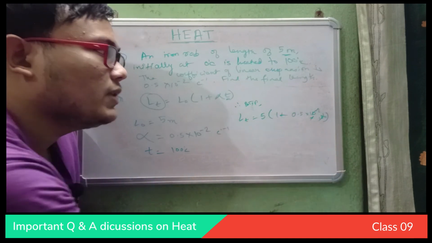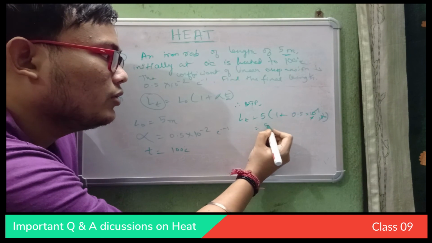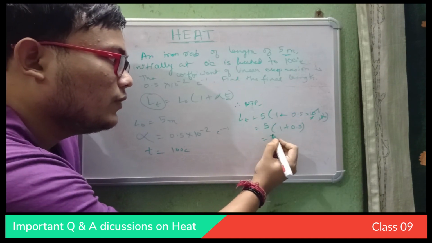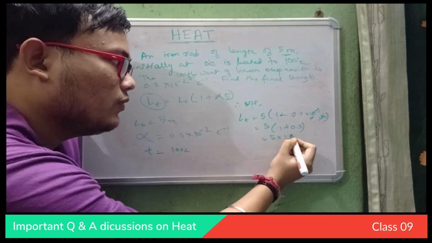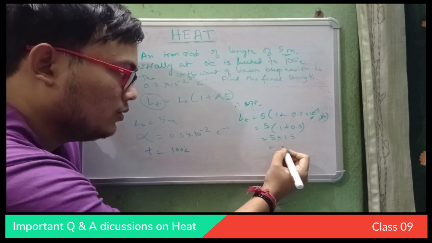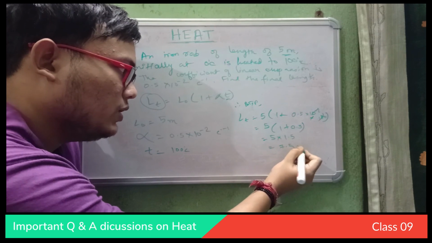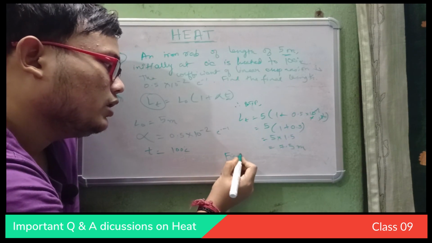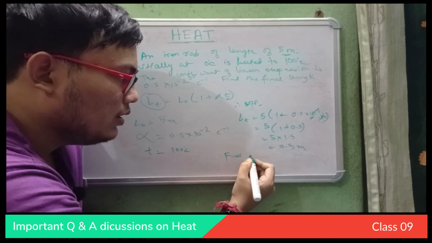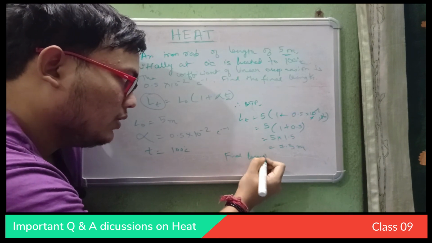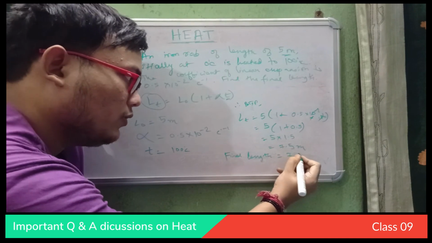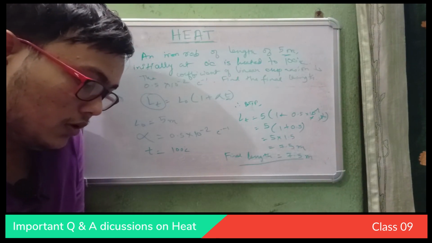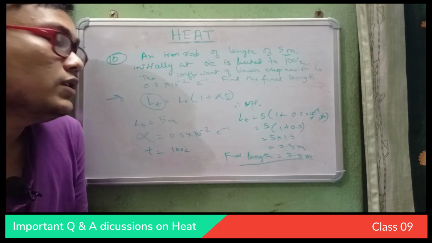This cancels, and we get 5 times (1 plus 0.5), 5 into 1.5, which is 7.5 meters. So the final length of the rod at 100°C will be 7.5 meters. So this is your answer.